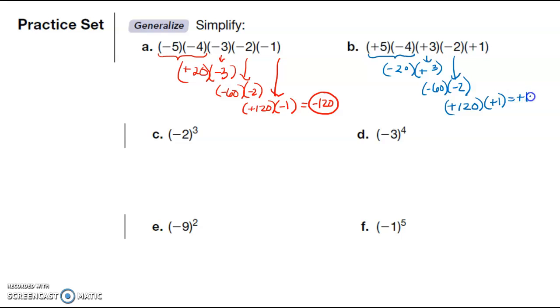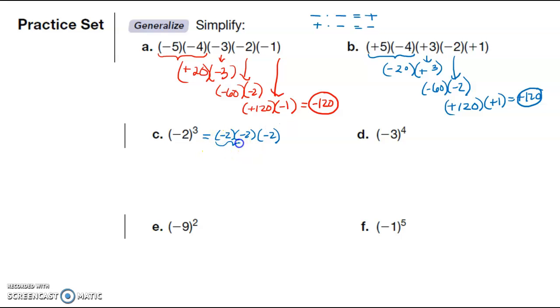And this is positive 120. Keep in mind that a negative times a negative is equal to a positive, and a positive times a negative is equal to a negative. Okay, so we have -2 cubed, and if I take this out, it's -2 times -2 times -2.